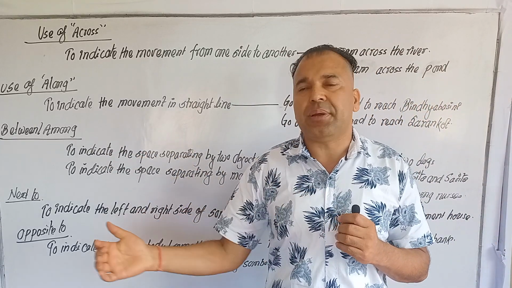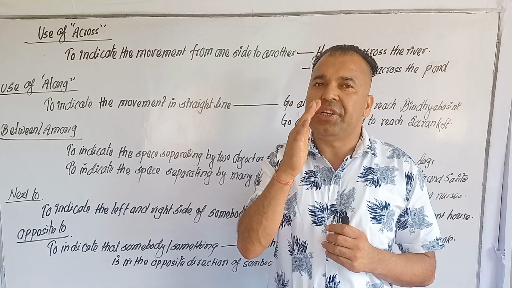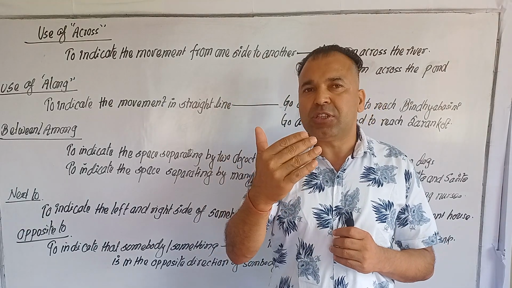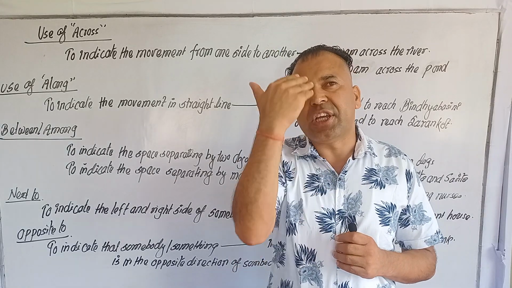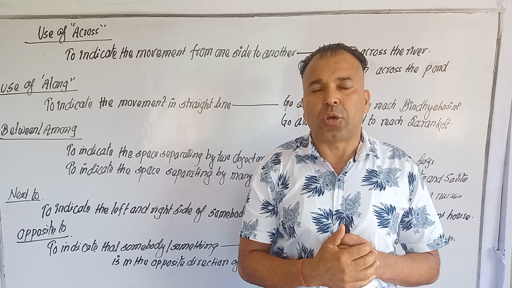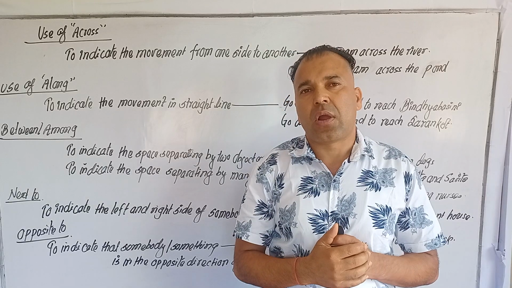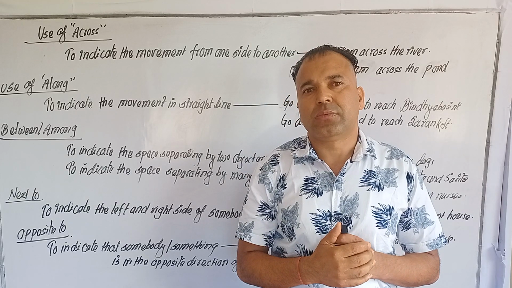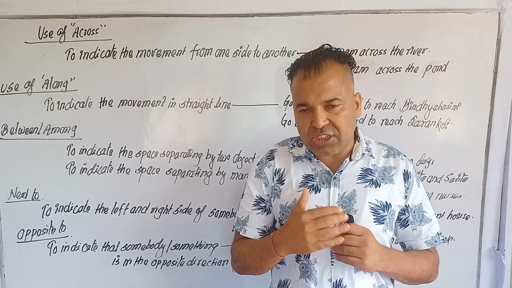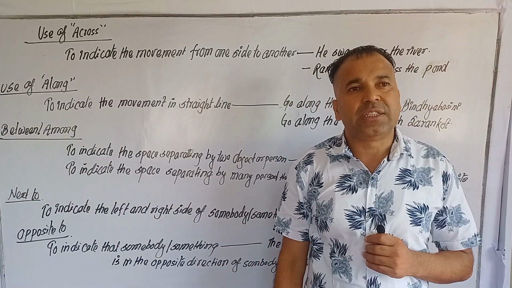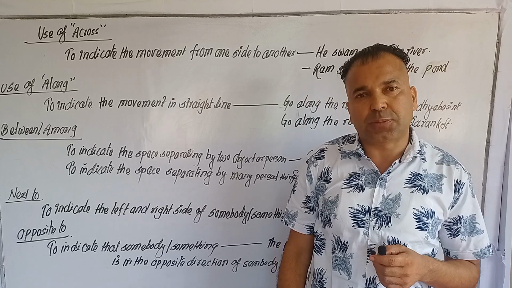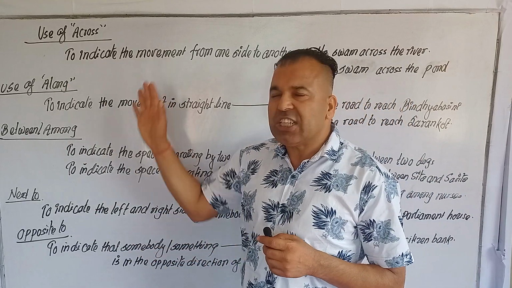Suppose I am standing here, left hand side, right hand side. Opposite to means face to face, the opposite direction. I am standing in the east and the west is the opposite, in front of, especially.